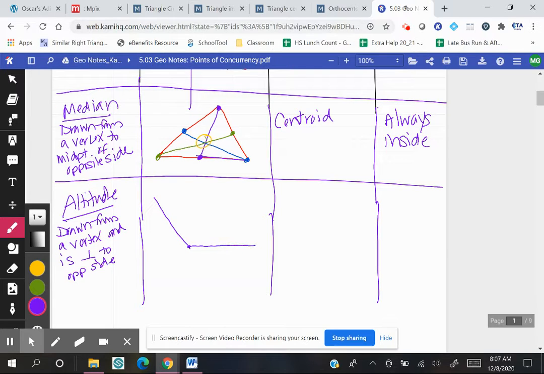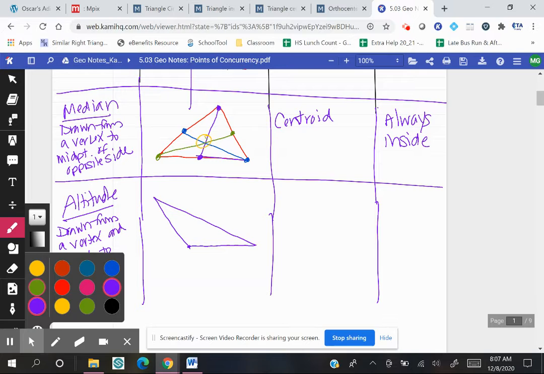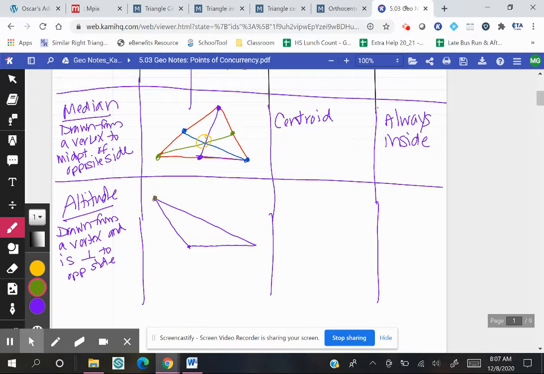Where this one has to be drawn from a vertex and be perpendicular to the opposite side. So for this one, let's start with this vertex over here. If I want to drop a perpendicular to the opposite side, it has to be drawn from a vertex perpendicular to the side across from it.